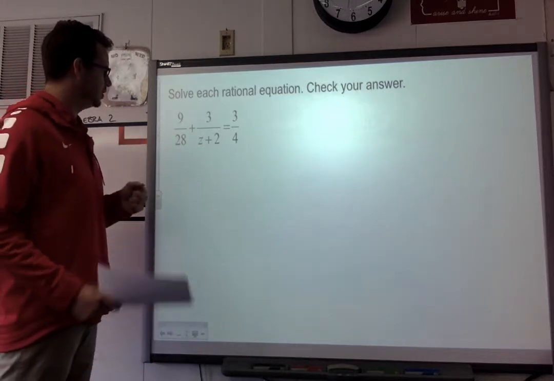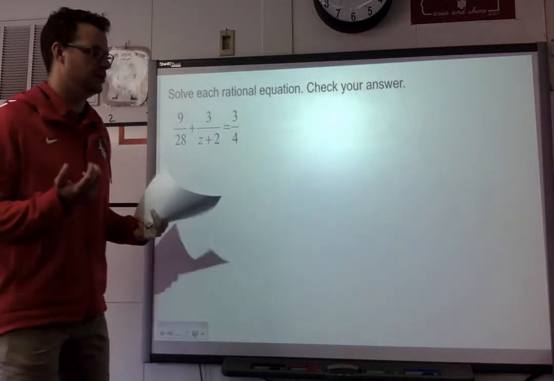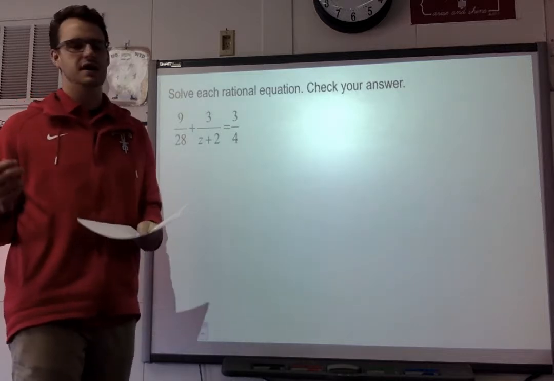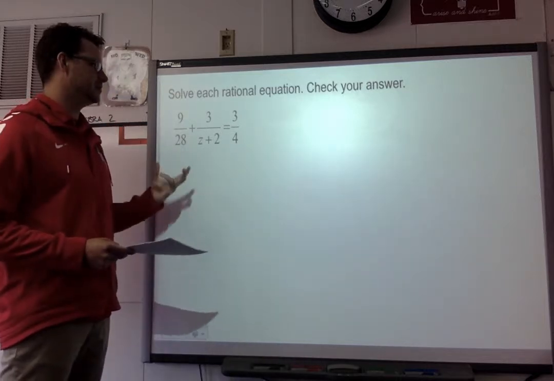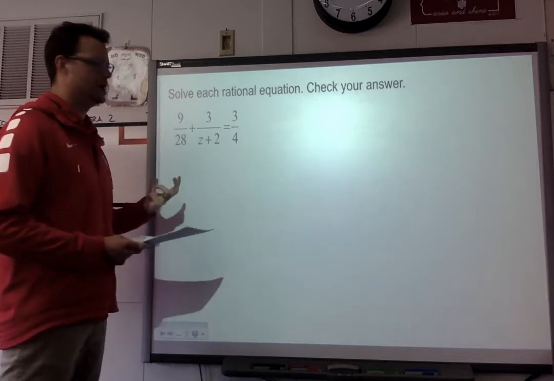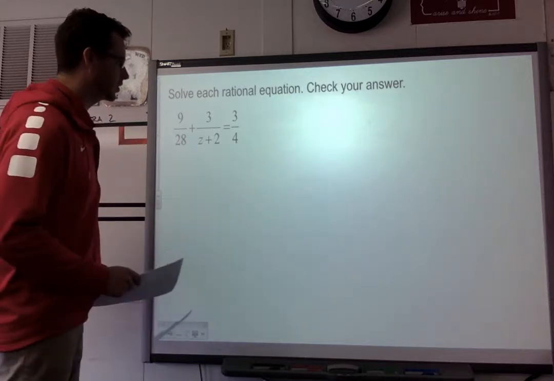So the first thing we want to do here, anytime we're working with fractions, I know when I am teaching with fractions, those are usually the problems that people have the most difficulty with, and people just see fractions and immediately don't really want to work with them.